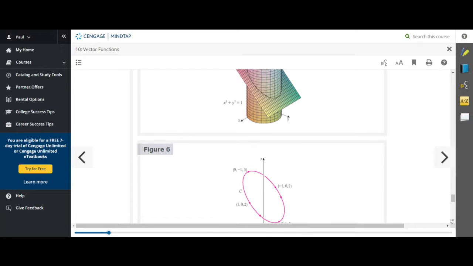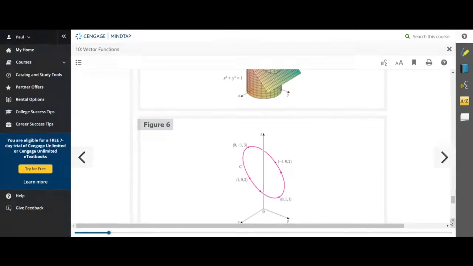Is there some relationship? The xy coordinates for the bottom point are 0, 1. The next point is -1, 0. Third point, 0, -1. Fourth point, 1, 0. What equation do all the xy coordinates satisfy? Good, that's what I'm looking for, Ellie. X squared plus y squared equals 1.